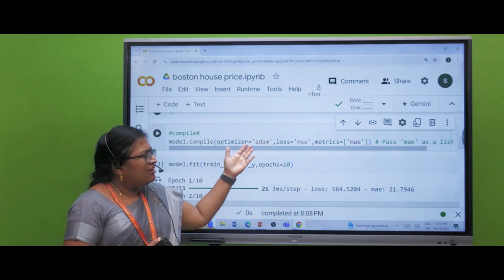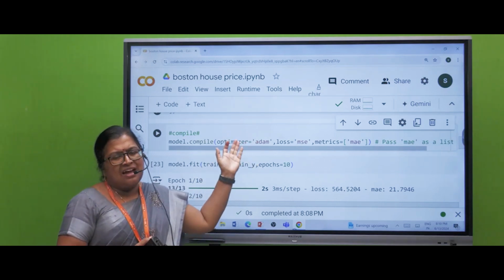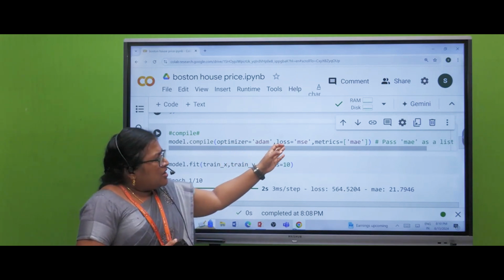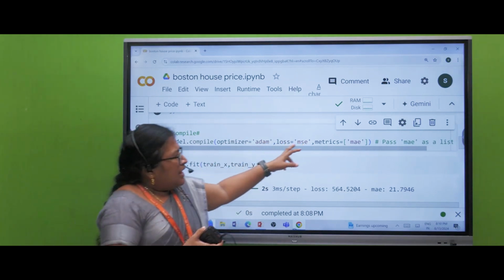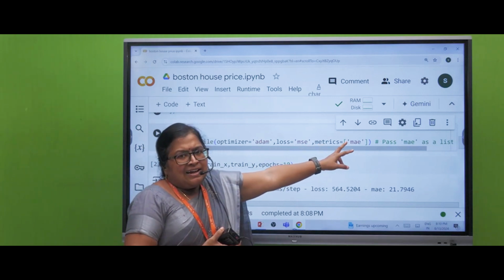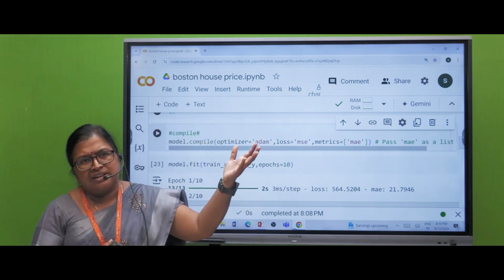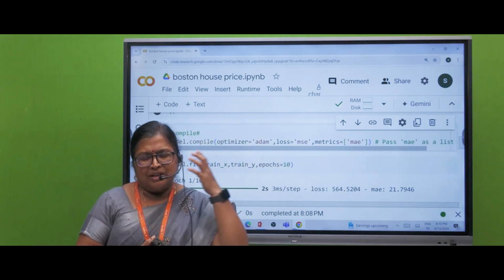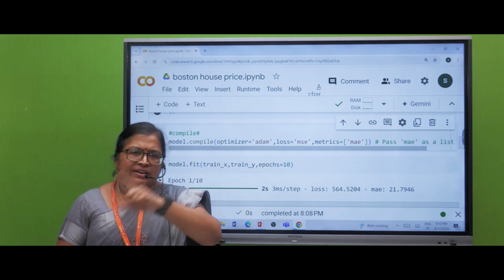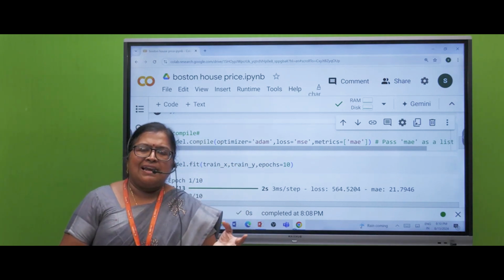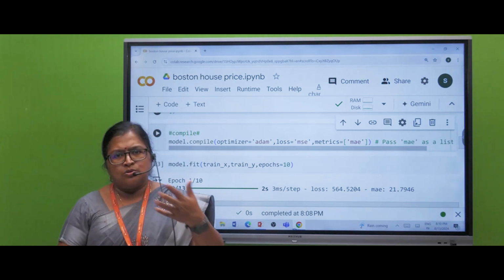Normally we'll consider Adam as the optimizer, and the loss function here I have taken as MSE, mean squared error. The metric here I have calculated is MAE, because, as I already told you in regression, for a regression problem, instead of calculating accuracy, normally we'll calculate the R2 score.